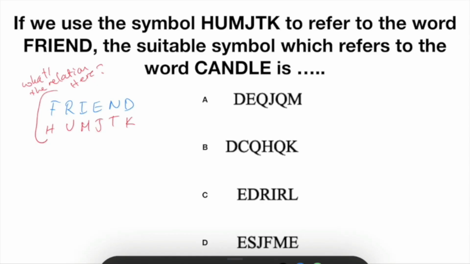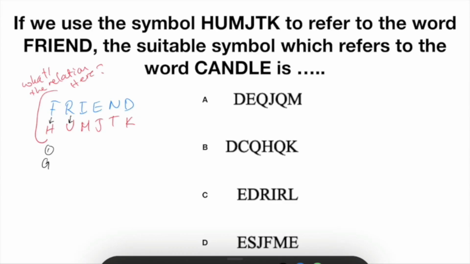So we can say that F goes to H, and in order to go to H, it jumps one letter, which is G. We say in the alphabet F, G, H. What about R reaching U?